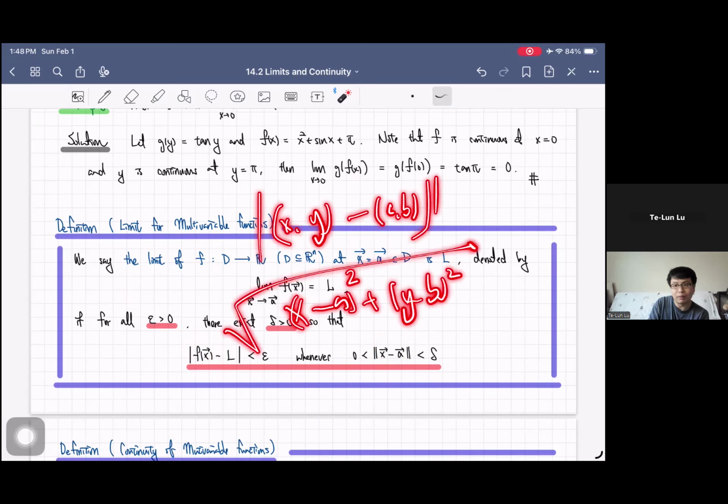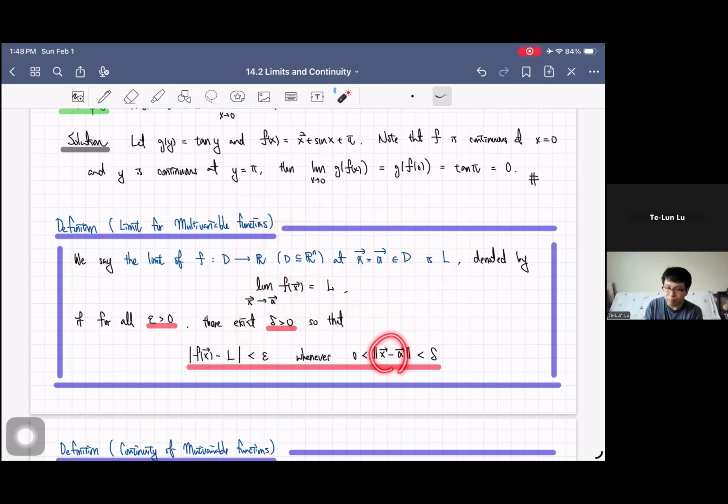That's the distance that we're using. For those two points which are close enough but not exactly that point, as we mentioned in the first video, we don't care about the point actually. We only care about the behavior near that point. Then we have f and L to be close enough.